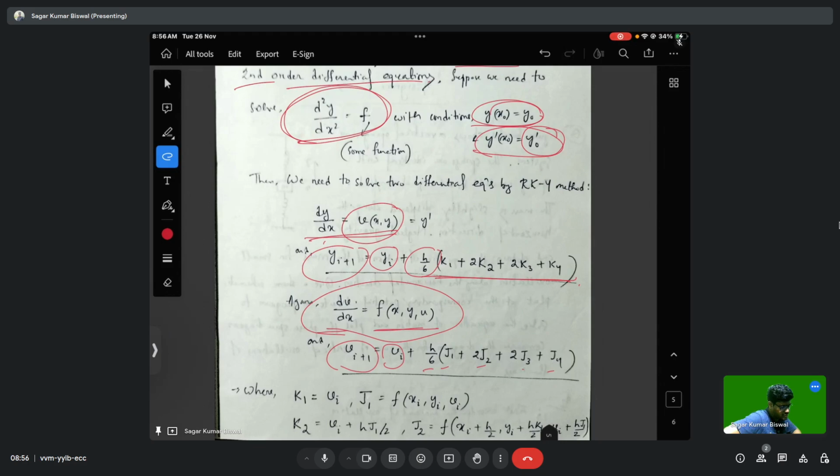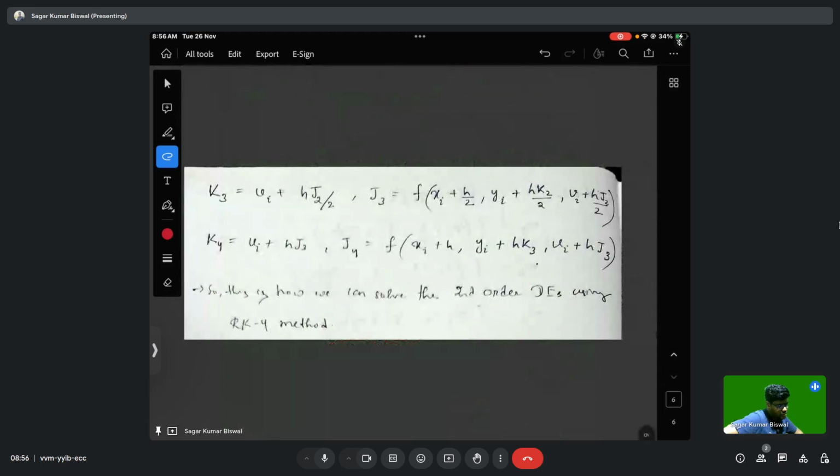What are these? K1 is ui, and K2 is ui plus h j1 divided by 2. So suppose this is j1, and then this will be j2, and then this will be j3, and then this will be j4.